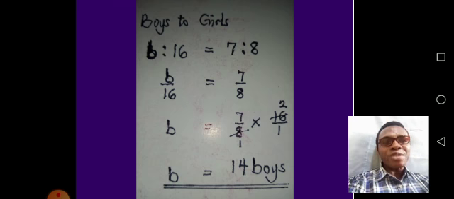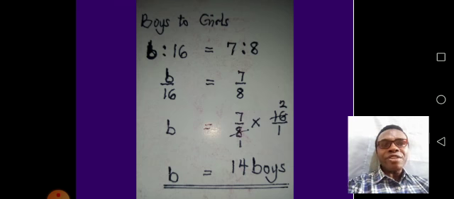And so we have 2 times 7, 14, to give you B equals 14 boys. Remember, you can check it. Instead of B, write 14. So you have 14:16. If you reduce to the lowest terms, 14/16 will give you 7:8.